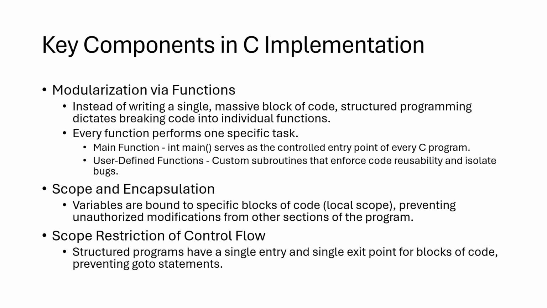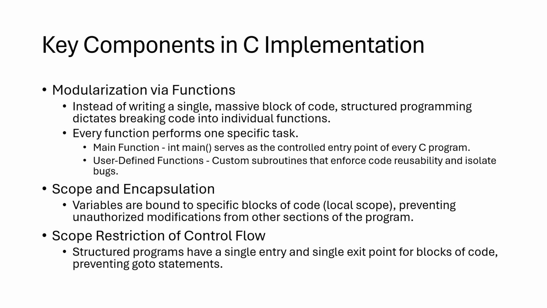The next one is scope restriction of control flow. Structured programs have a single entry and a single exit point for blocks of code, preventing go-to statements. So these are the three main key components of a C implementation. We have modularization, meaning we split a complex program into submodules, and we have the scope of variables, which is determined within a particular block.